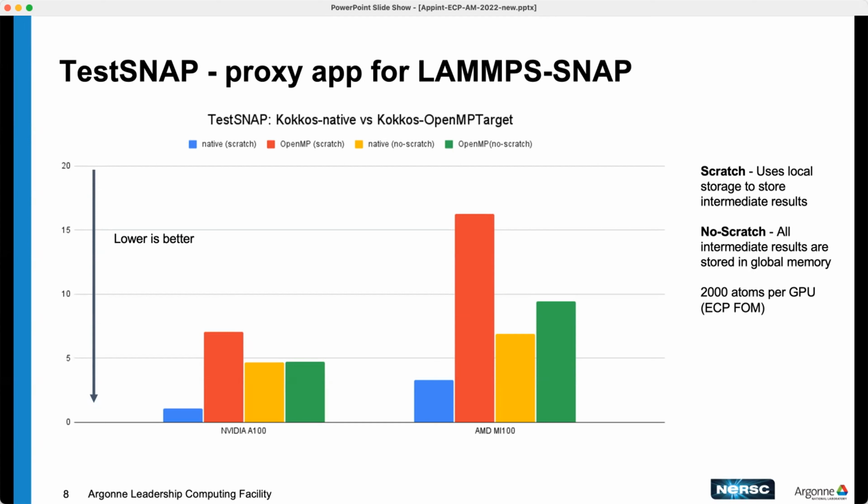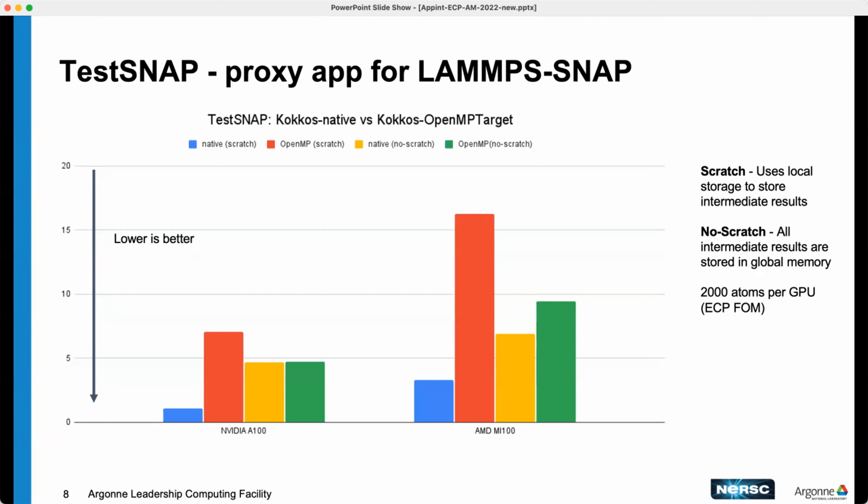And so what the Kokkos OpenMP target backend does is it instead stores whatever scratch memory was requested in the global memory, which means it has a negative advantage compared to the native backends because it does not take advantage of the low latency local storage memory that's available on GPUs.